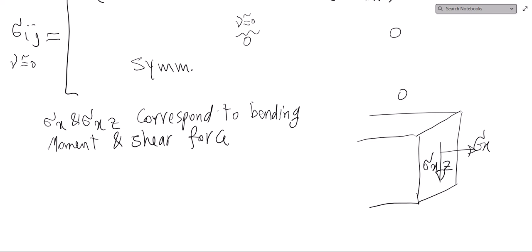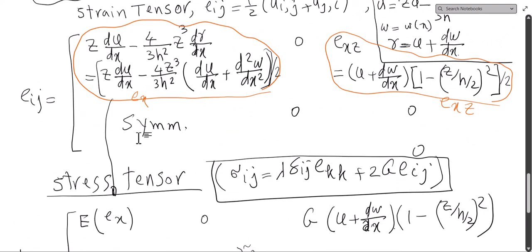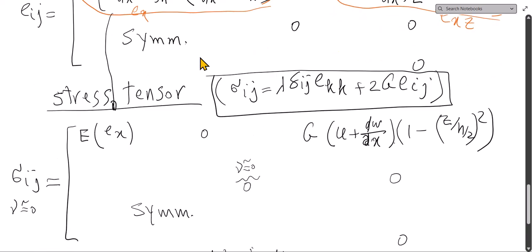Now, if we look at here, sigma x has two terms. One has a first derivative, the second one has a second derivative here. So we have two types of moments here, one proportional to z to power 4 and z to power 2.